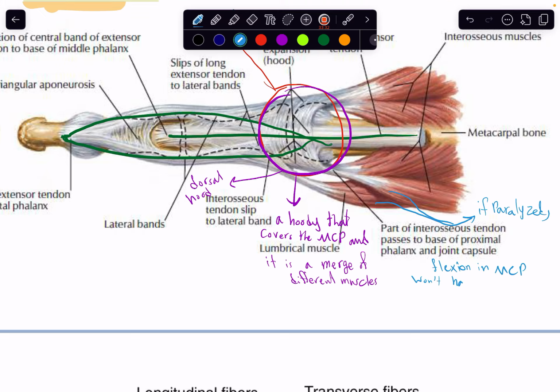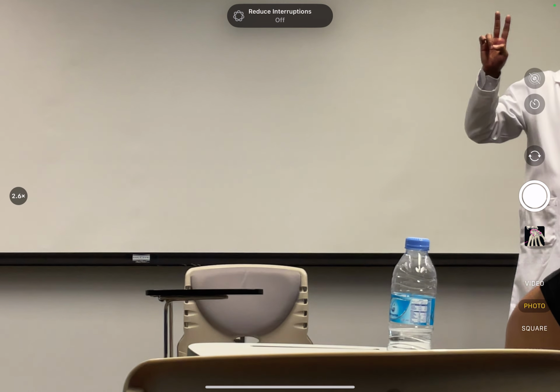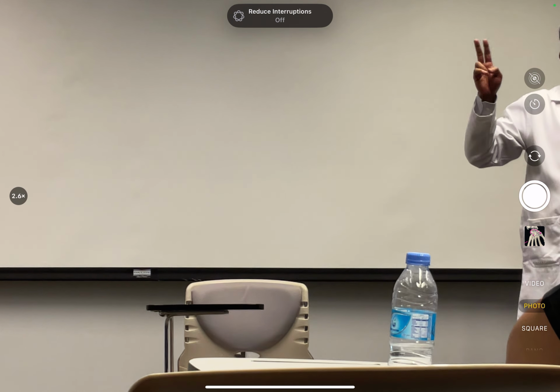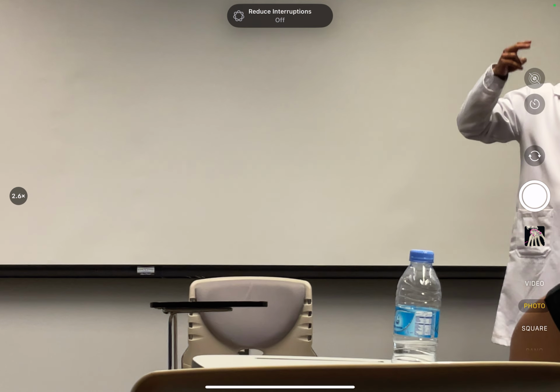Why? Because they are supplied by the median, right? Ulnar is supplying the medial two lumbricals, and the lateral two lumbricals and the flexor digitorum profundus are supplied by the median.